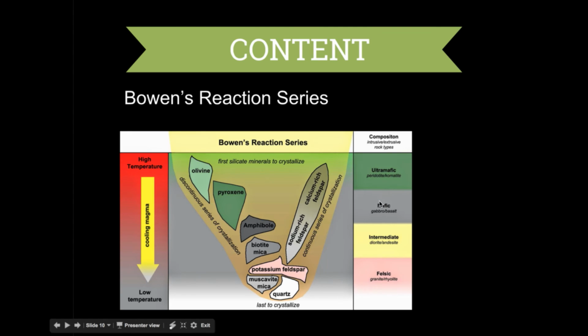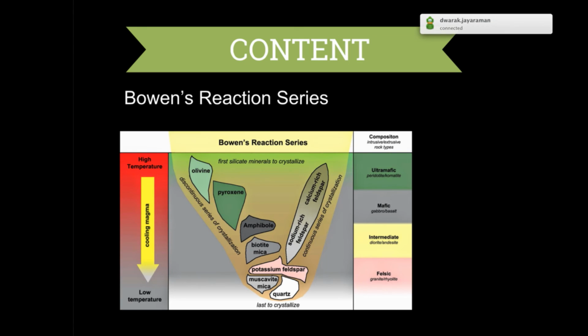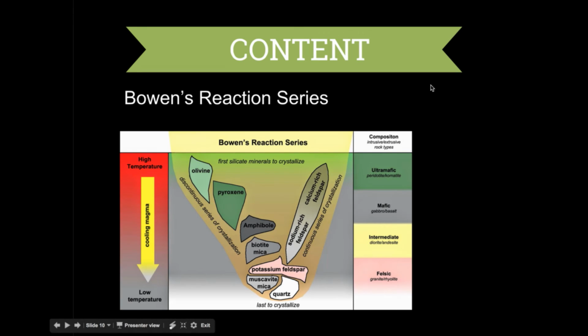Igneous rocks contain lots of these minerals, and these are basically describing the composition of each of these rocks. So what's going on here is that there are two different types of reactions. There's the continuous reaction, which is on the left, while the discontinuous reaction, I believe, is on the right.